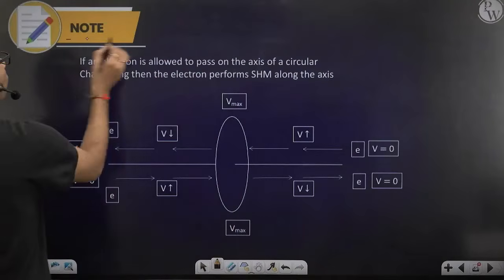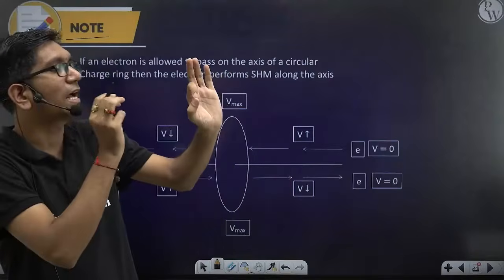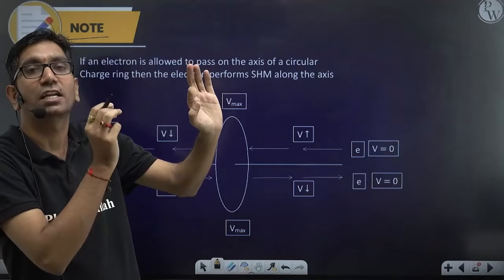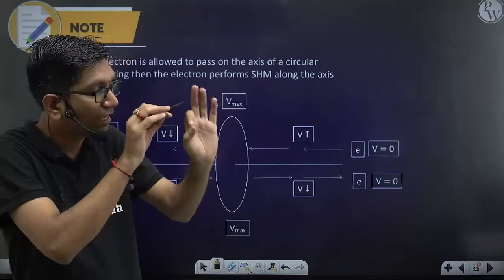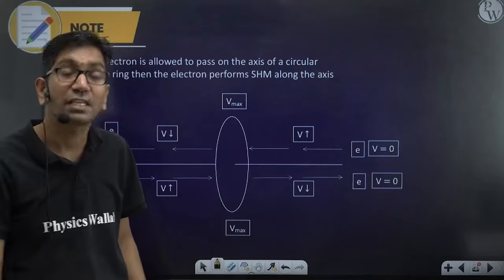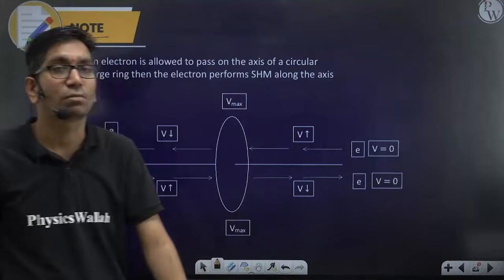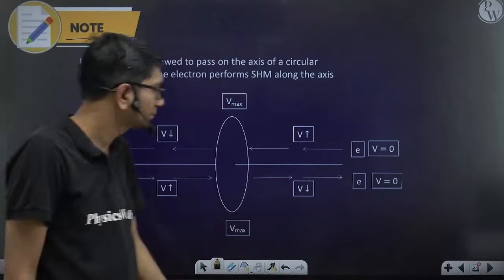Now note what happens if we pass a charge, that is an electron, on the axis of a circular charge carrying wire. At that time it performs simple harmonic motion, beta. Remember this one. See here, I'm starting from here.